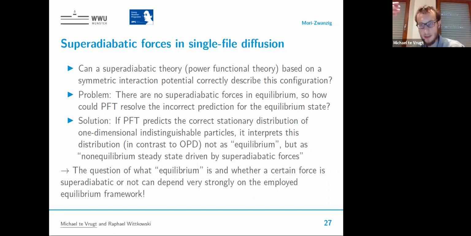Rather, in the stationary state there would be a permanent balance between the adiabatic forces driving the system to equilibrium and superadiabatic forces that keep the system in an ordered state. So that would be, of course, a non-equilibrium steady state driven by superadiabatic forces, whereas for order-preserving dynamics, this would just be the equilibrium case. So the idea of what is equilibrium and whether a certain force is superadiabatic or not can depend very strongly on the equilibrium framework we employ.